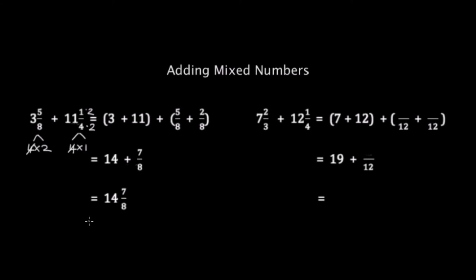And the 5 over 8 remains 5 over 8. The 1/4 becomes 2 over 8. 5 8ths and 2 8ths is 7 8ths, so we have 14 plus 7 8ths. We needn't have put the plus sign here, we just left it there for explanation. We should have gone straight to our answer, which is the next line down, 14 and 7 8ths.